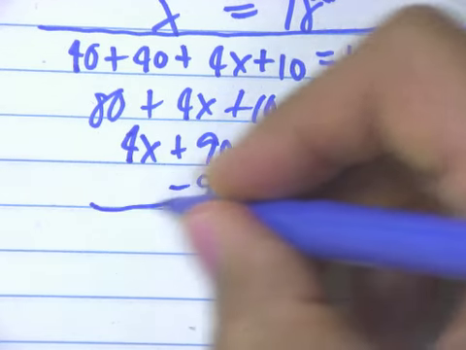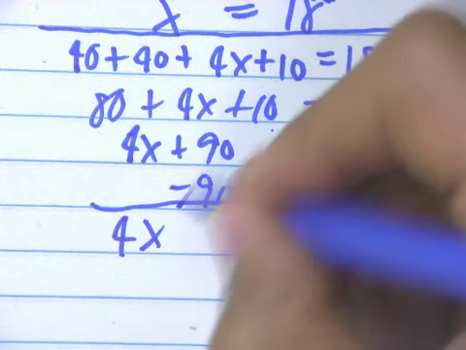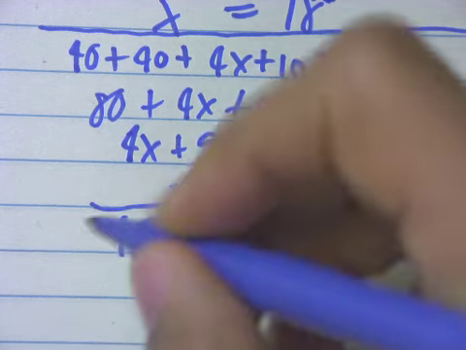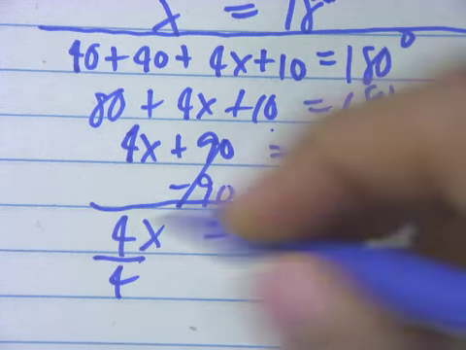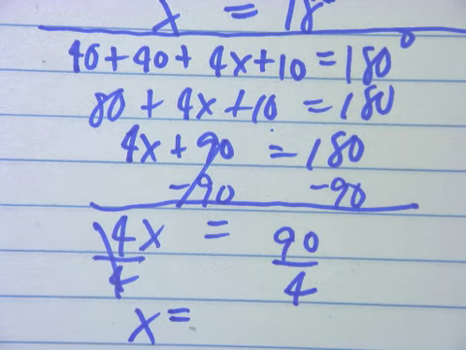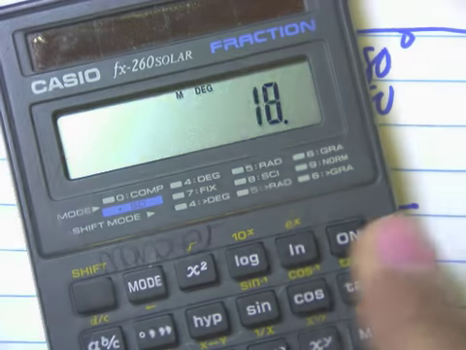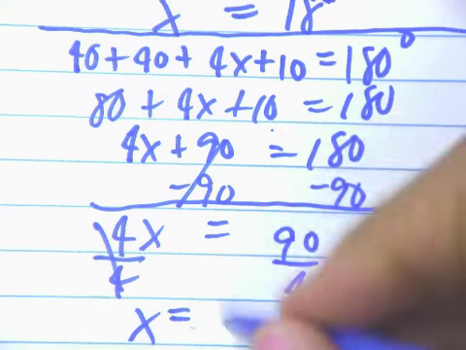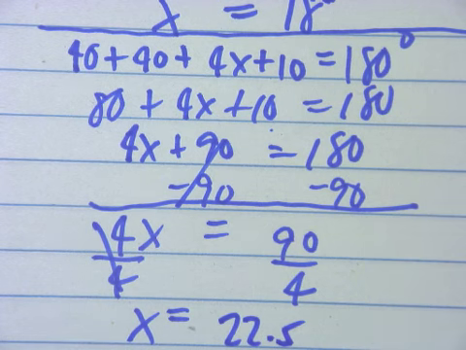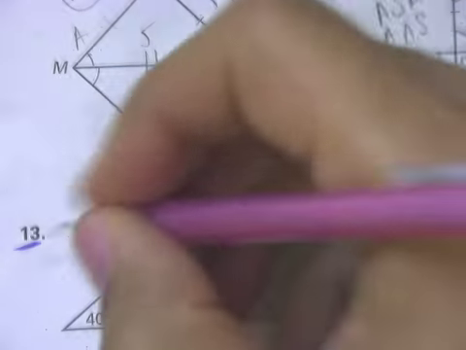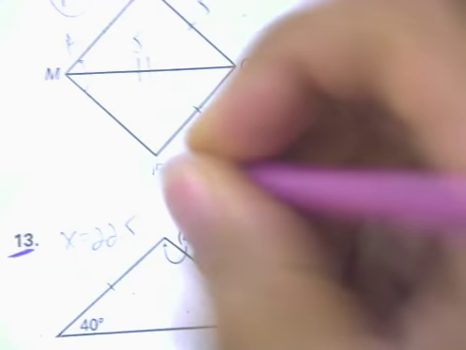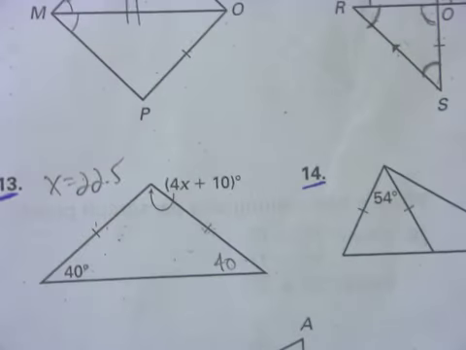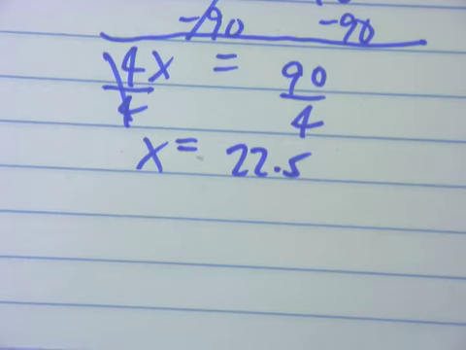Now 80 plus 10 is 90, so I can just write 4x equals 90 and 180 minus 90. And now we're going to take 90 divided by 4. And we're going to get 22.5. So x is equal to 22 and a half. So for number 13, x is equal to 22.5.